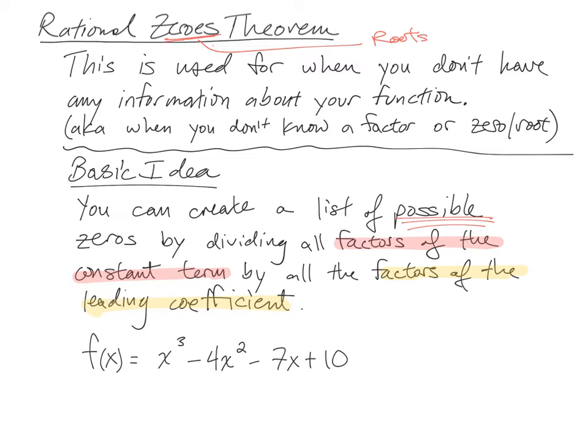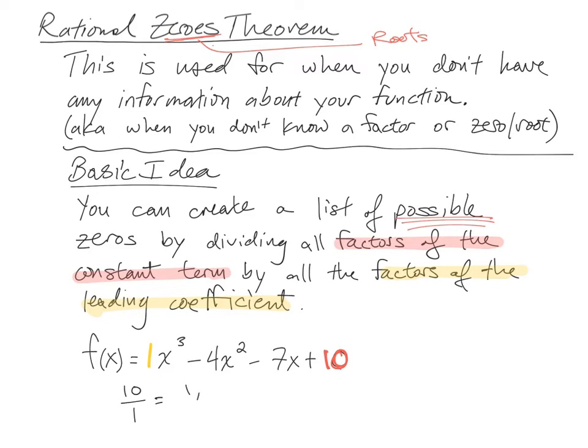I want it to be known that right here, the leading coefficient is 1, and the constant term is 10. So below, I'm just going to say 10 over 1. And your goal is to figure out what numbers you can evenly divide into 10.